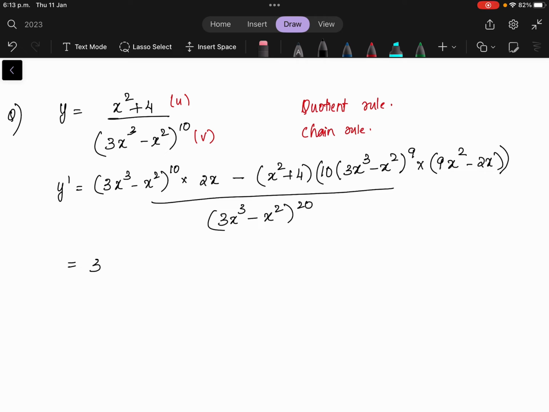you can simplify, looking at this question, that it is 3x square minus 2x.